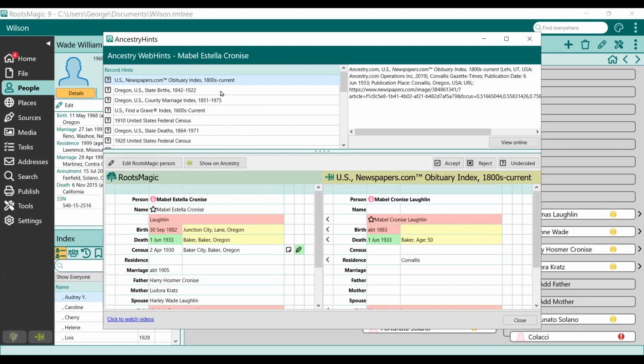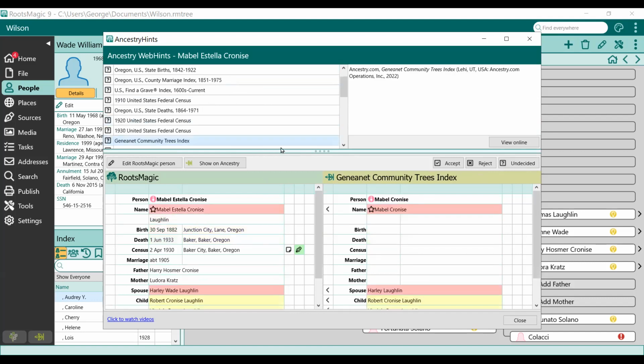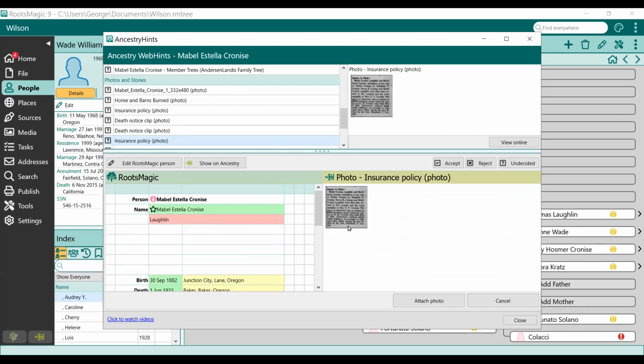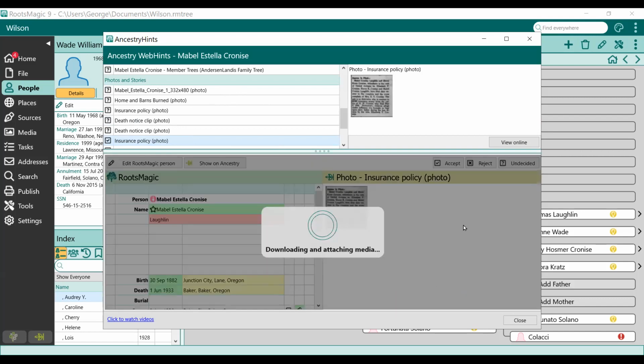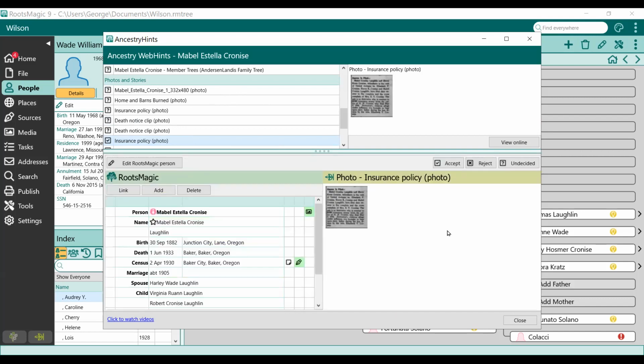Okay. That's a newspaper obituary. That could be interesting with a photo. Okay, so I'm going to accept that. Attach the photo. And now that's part of the record.